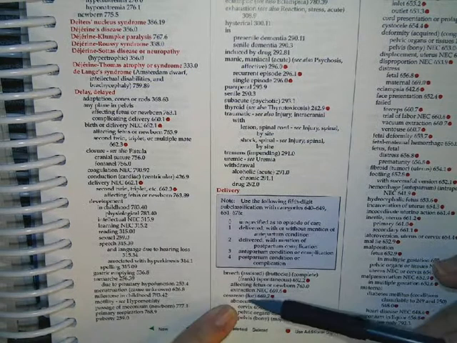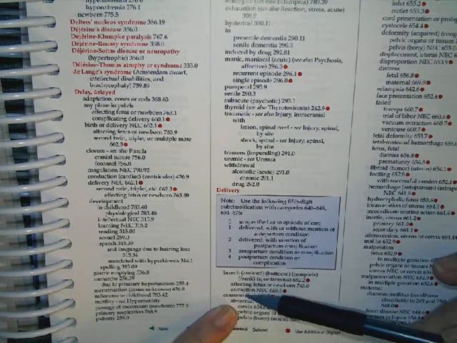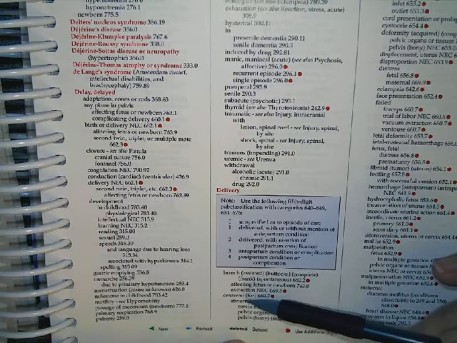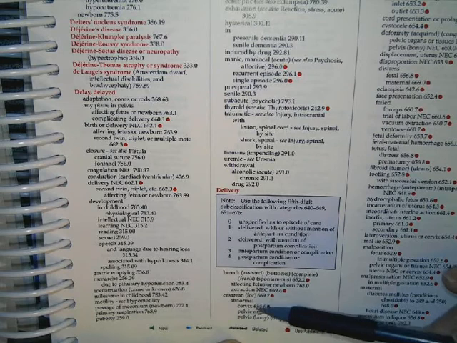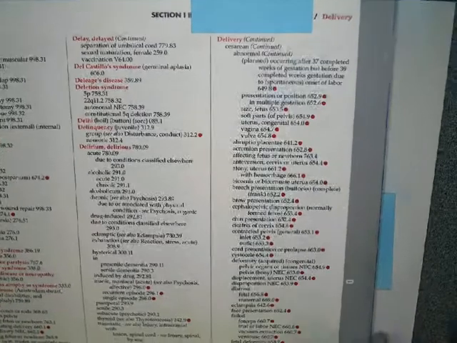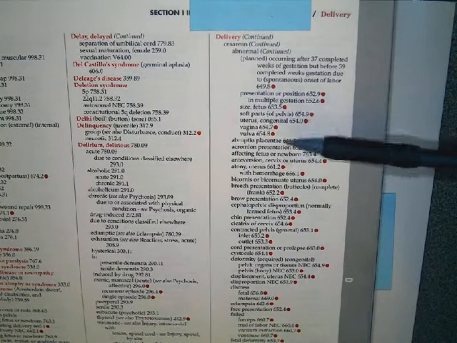By extraction, we mean forceps, vacuum extraction, something along those lines. All right? So if you look, we're going to go with our default code of 652.1. Now, I want to show you a couple of other things very quickly. What kind of procedure did she have?